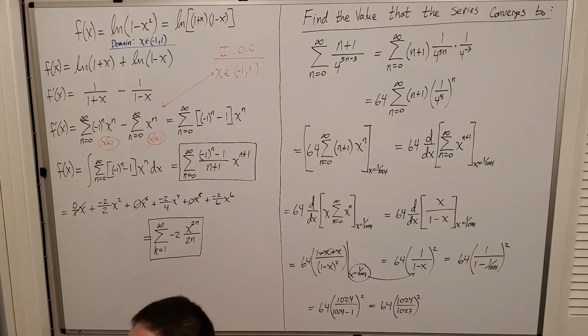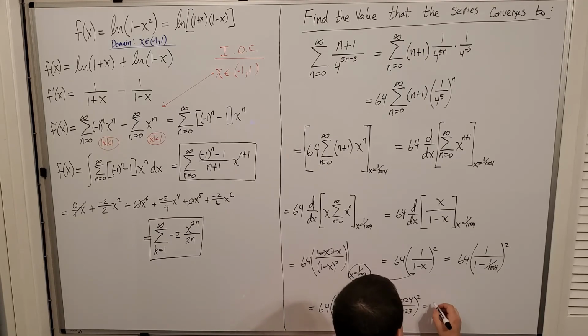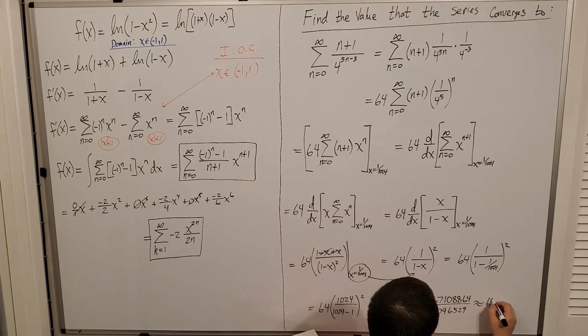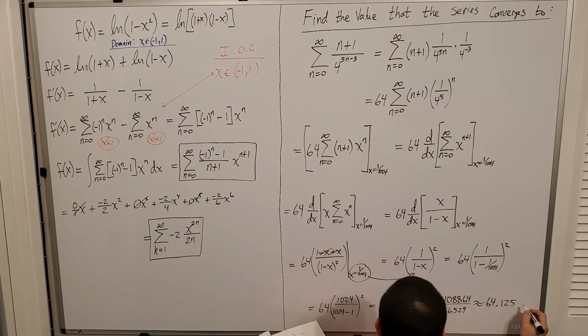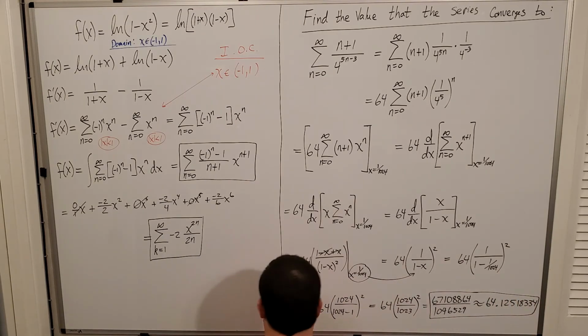And if you punch that up in your calc, right, save yourself a few minutes on that one, it ends up being 671,088.64 over 1,046,529, which is approximately 64.12518334. And there's the value that this series converges to.